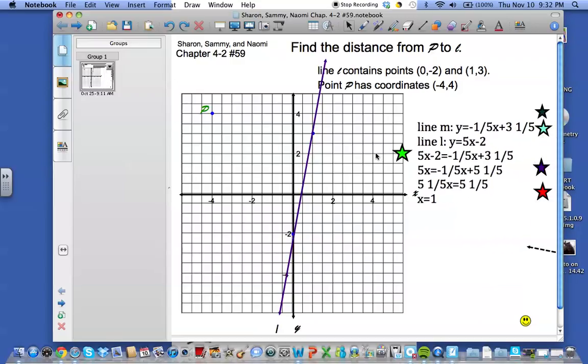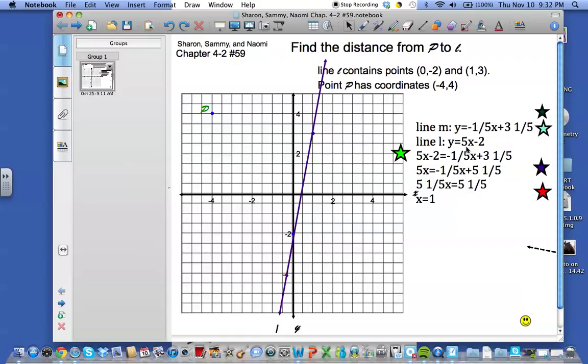And our next step. So let's call this line M. And that equation is y equals -1/5 x plus 3 1/5. And our line L is y equals 5x minus 2. And to find that intersection, we have to set our two equations equal to each other and solve for x.